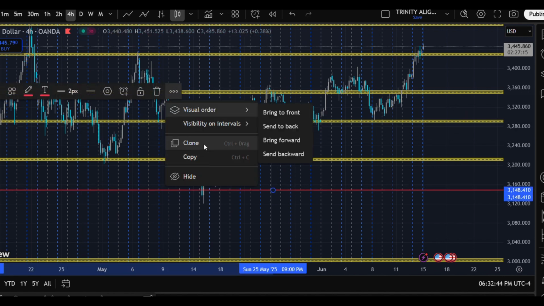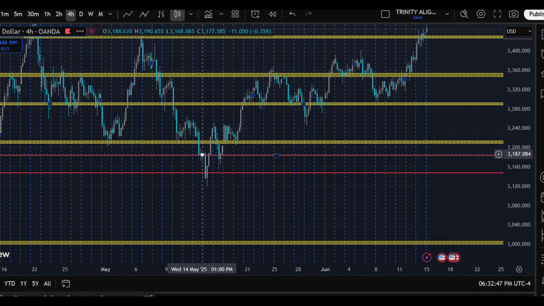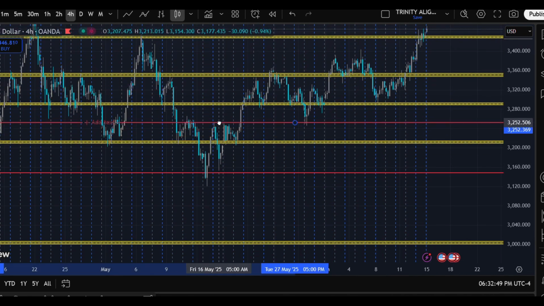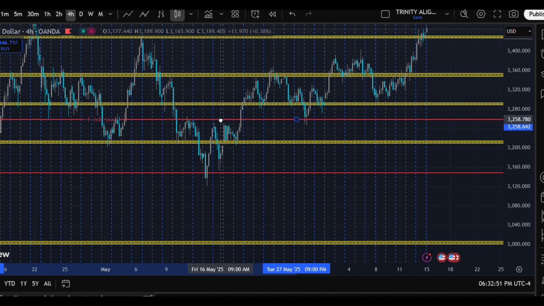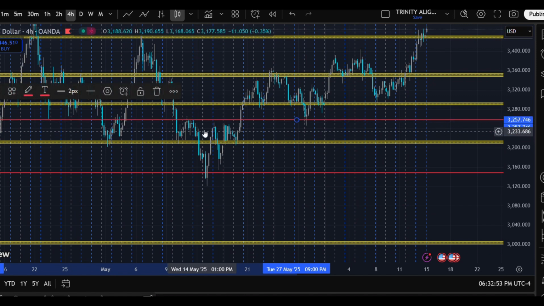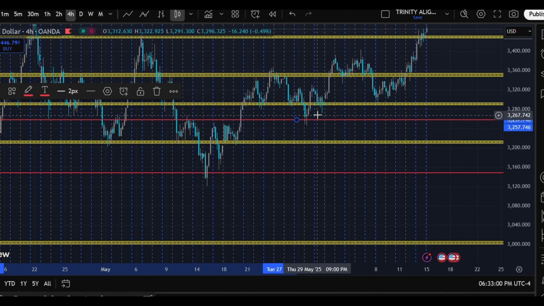This one's a minor. I could put that one there too, because it did tap into it a few times. Right, you got that one for blue up.